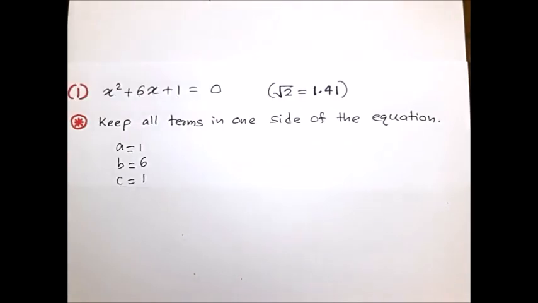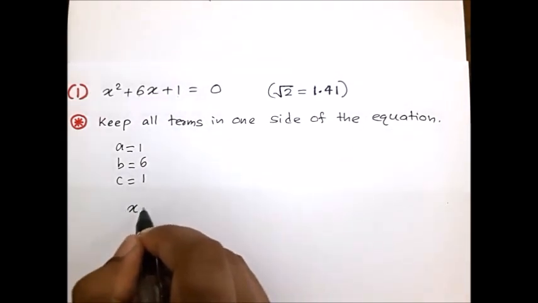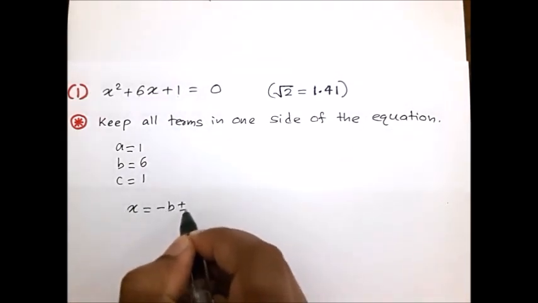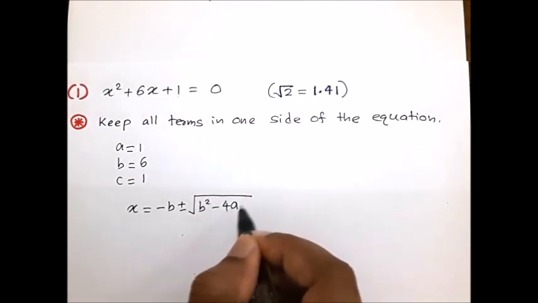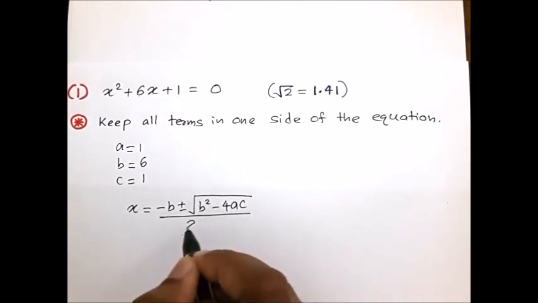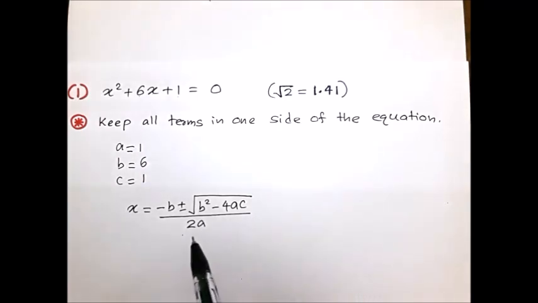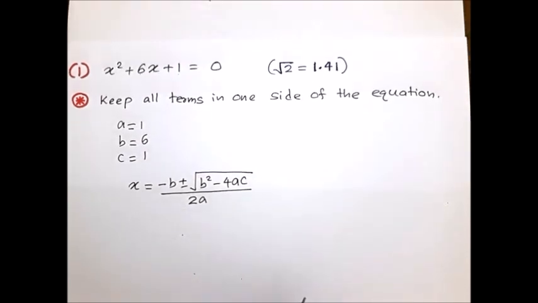Then I am going to write the quadratic formula. It is x equals minus b plus or minus square root of b squared minus 4ac divided by 2a. You have to remember this equation. When you are writing answers in the exam, you have to remember this one.